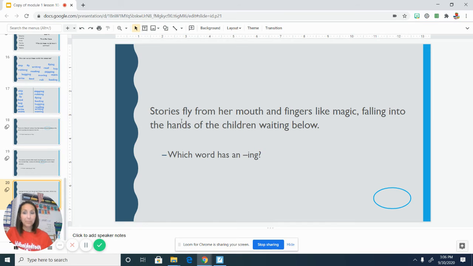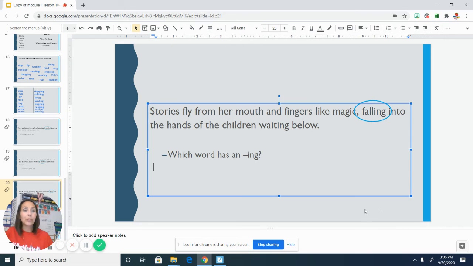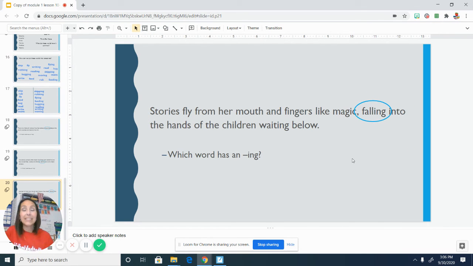One more. Stories fly from her mouth and fingers like magic, falling into the hands of the children waiting below. Which word has an ing ending? What do you think? Can you find it? Yeah, falling. Excellent. We will circle falling. That has the ing. Fall. Ing is the ending. All right, very good.